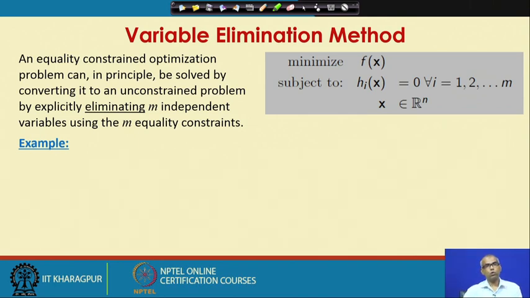So, the idea is as follows: if you have a two variable function x1 and x2, and if you have a single constraint, which is a function of x1 and x2, I can make use of this equality constraint to express x1 in terms of x2 and then substitute that in the objective function, so that the objective function will be in terms of x2 alone.